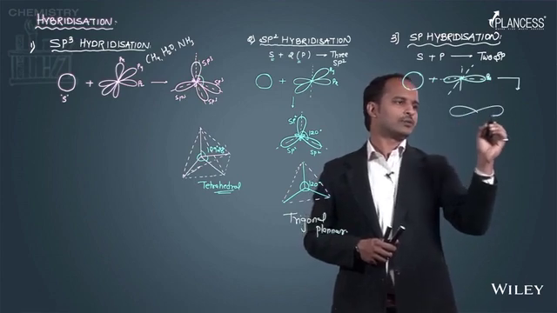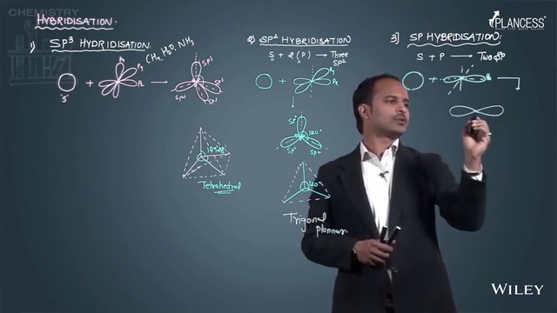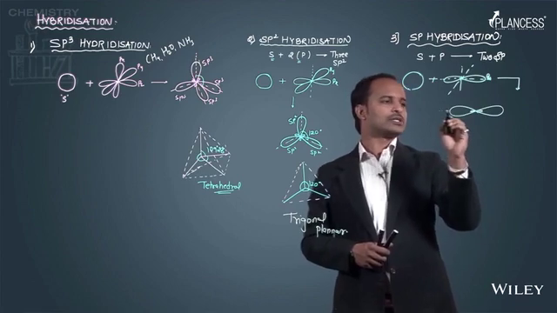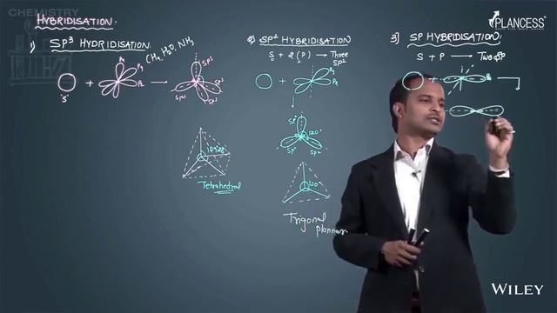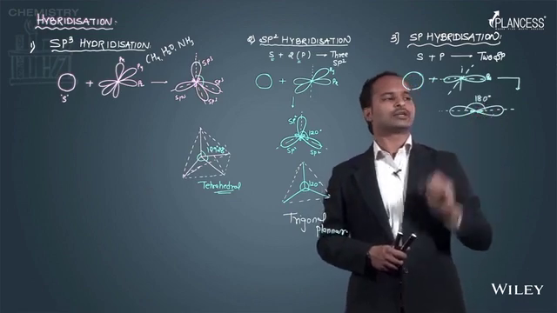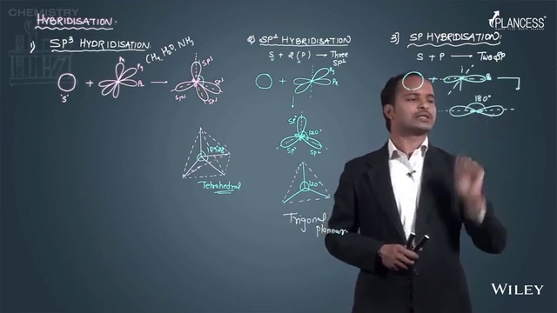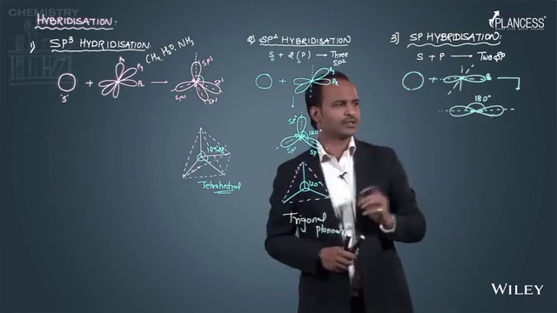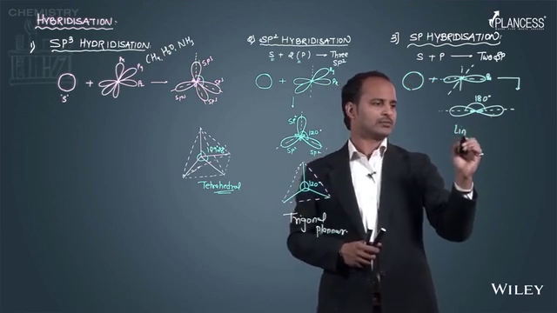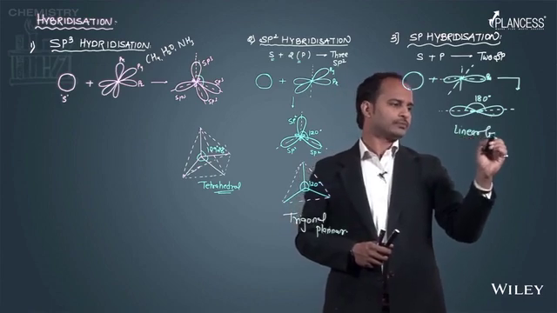The first new orbital is on one side, and the second orbital is on the opposite side. This is the axis for this orbital and this is the axis for that orbital, and the angle is 180 degrees, and that's why it is called linear hybridization, because the geometry is linear.